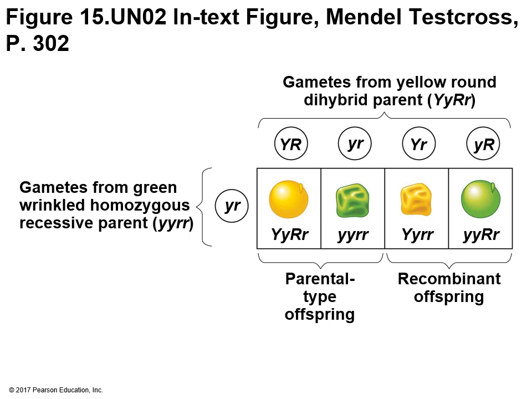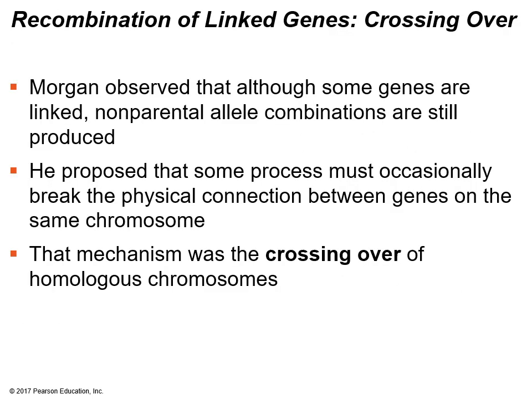This was all due to crossing over that happened in prophase 1. Morgan observed that although some genes are linked, non-parental allele combinations are still produced. He proposed that some process must occasionally break the physical connection between genes on the same chromosome. That mechanism is known as crossing over of the homologous chromosomes.